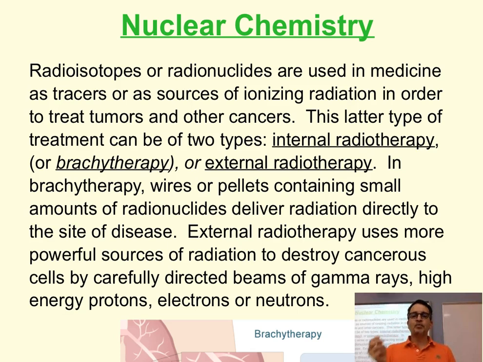So what are the two types of radio treatment that we can have? Radiotherapy can be internal, otherwise known as brachytherapy, or it can be external, where the radiation source is outside of the body. In brachytherapy, we place small pellets or wires that contain the radioisotopes into the area where we want them to act.